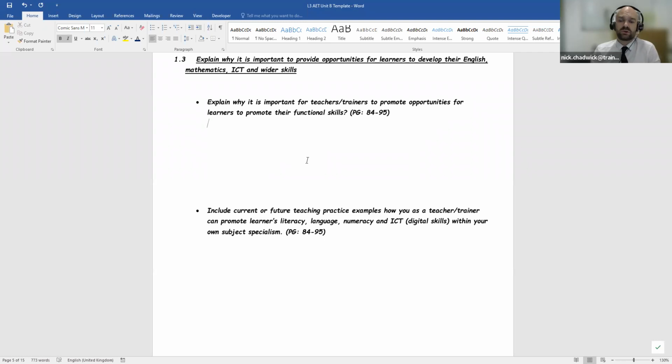So do have a look within the textbook at pages 84 to 95, and you'll find a very good chapter just on opportunities for promoting English, maths, and wider skills as well. Okay, so it's very important that learners do keep current with their skills, so they're not falling behind.